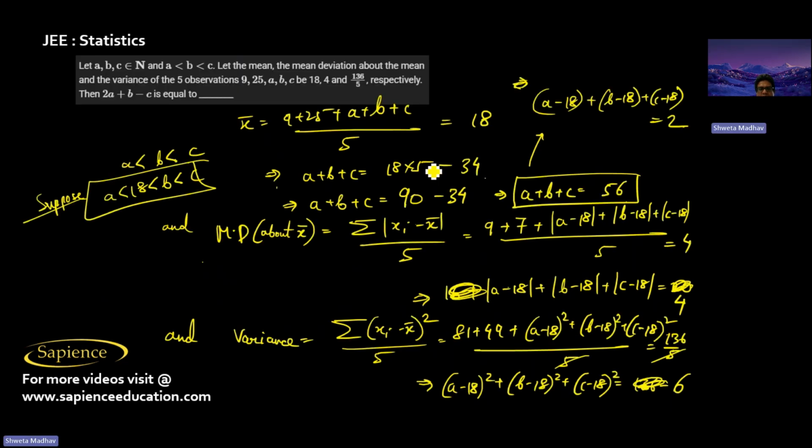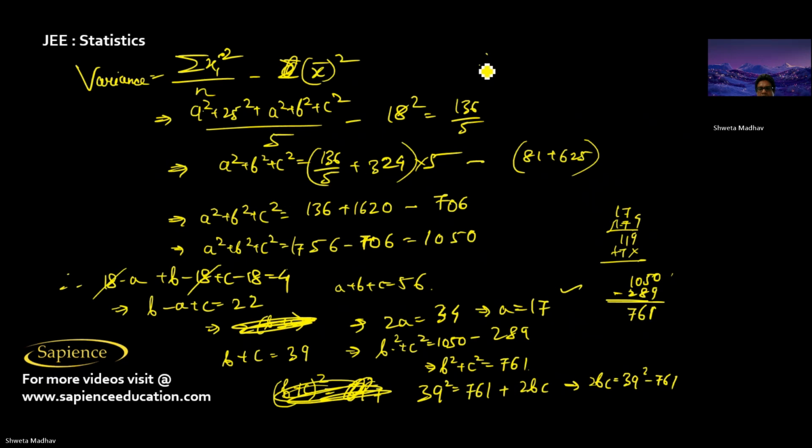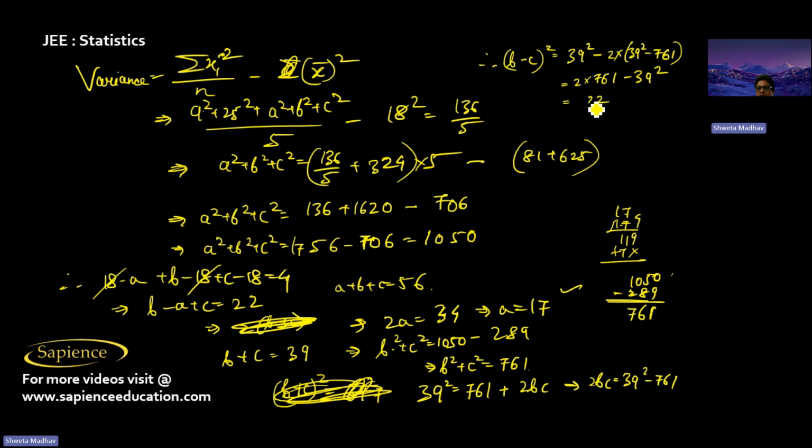Now B minus C whole square would be equal to B plus C whole square, 39 square, minus 4BC. So that is 2 into 39 square minus 761, that is simply 2 into 761 minus 39 square.